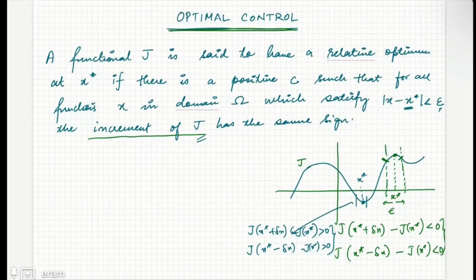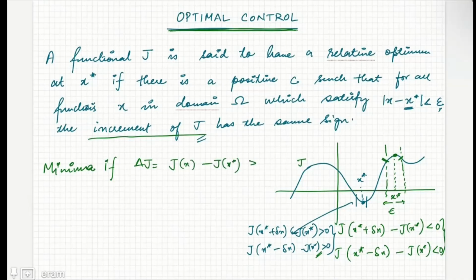Now if we have the optimum, then that optimum will be minima if this delta j, so for minima we have seen that the increment is positive, so for minima we have delta j greater than or equal to 0, and we have a maxima if we have just the opposite sign, so delta j is less than or equal to 0.